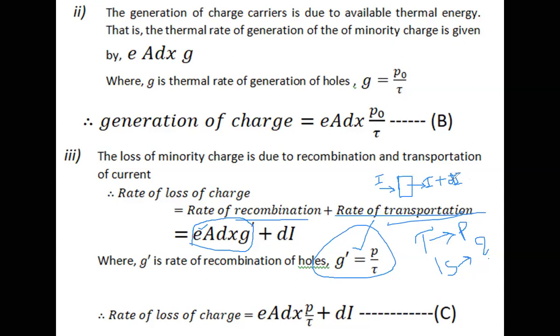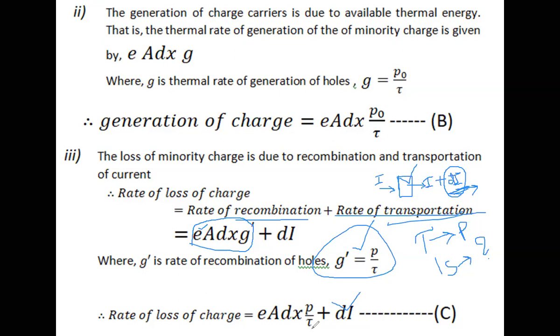That means how much current is excessively going out. The excess current that is going out is dI. That means the corresponding charge to this dI is removed from this particular block of volume A dx. So the total charge that is removed from this block due to transportation is dI per unit second. dI represents the total charge that is removed from the block due to the transportation mechanism in a unit time.